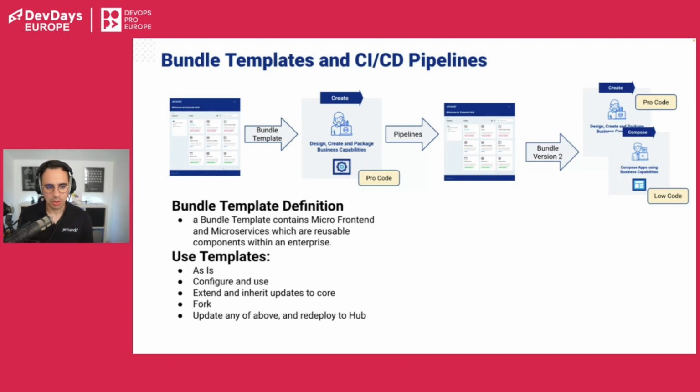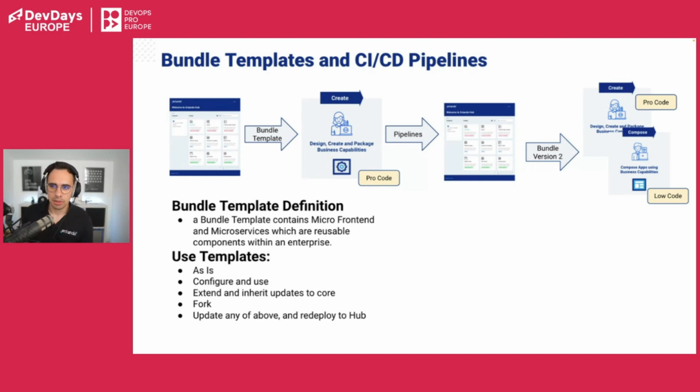Also, it could be just creating a new bundle from that. I can then code the things I want to have in my bundle, enable deployment through pipelines, and iterate from that to have multiple versions. So bundle version 1, version 2, of course.